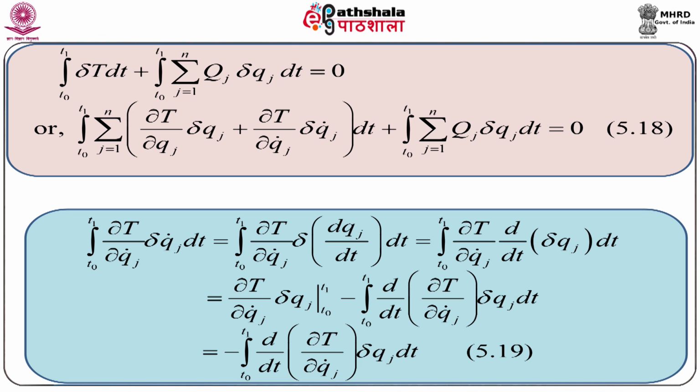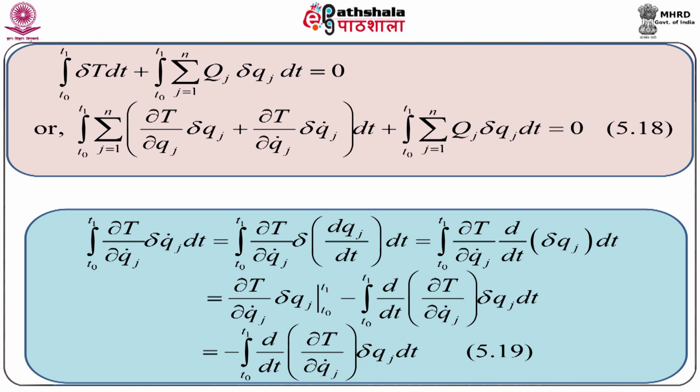integration T0 to T1 del capital T del Qj dot delta Qj dot dt equal to integration T0 to T1 del capital T del Qj dot delta dqj dt dt.